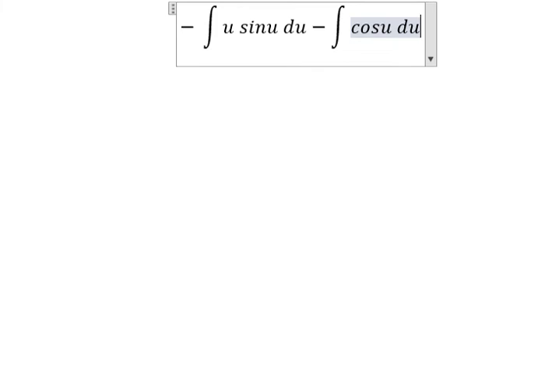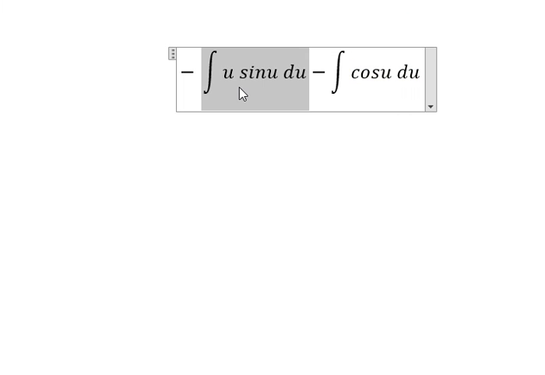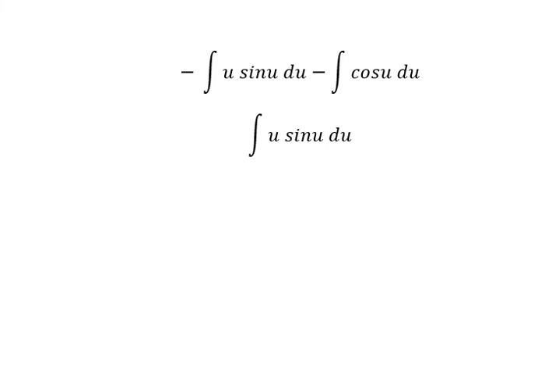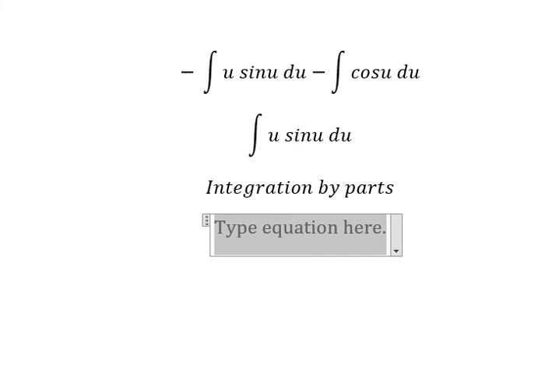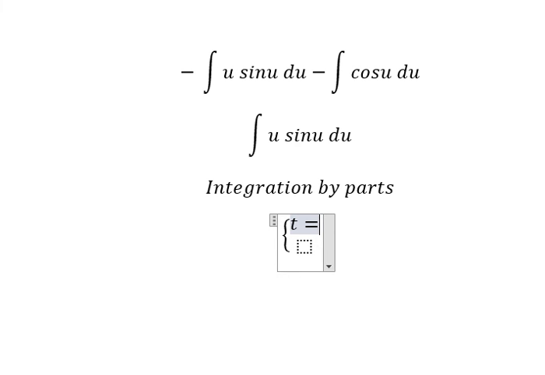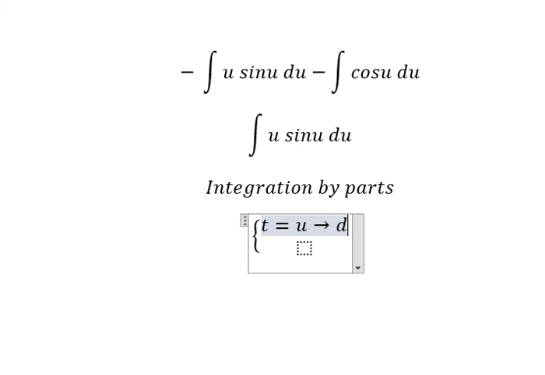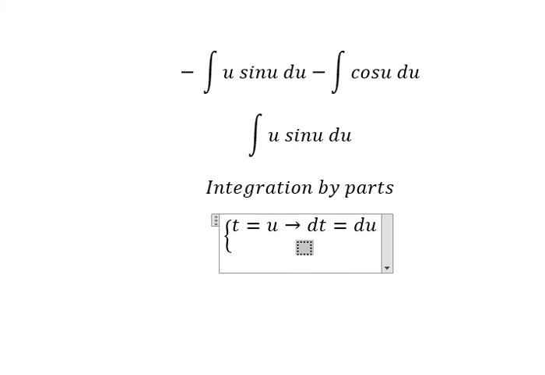So we need to consider this one. We can use integration by parts. I will put t equals u. Later we do the first derivative for both sides, and we have dt equals du. dv we have sine u du.